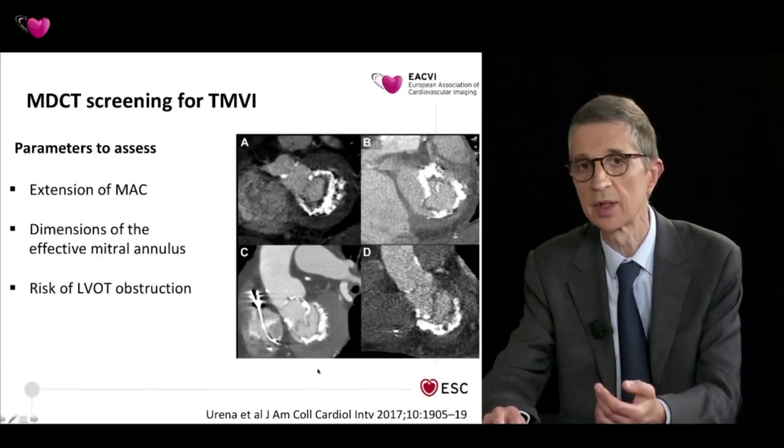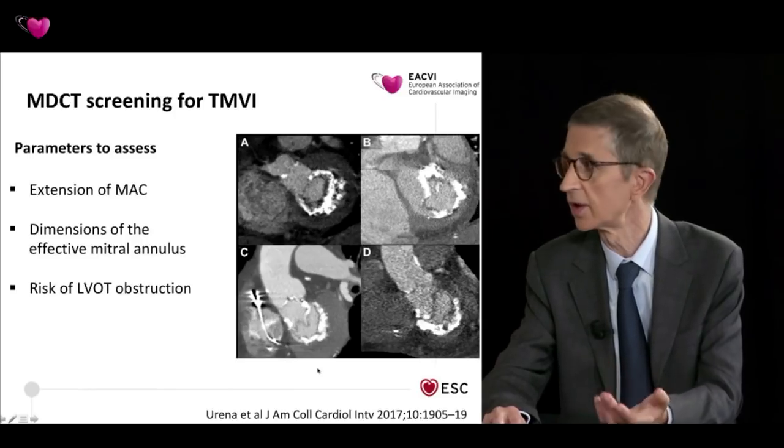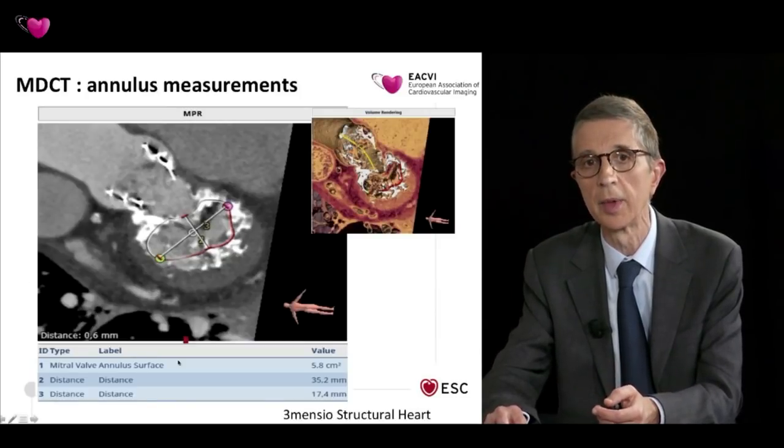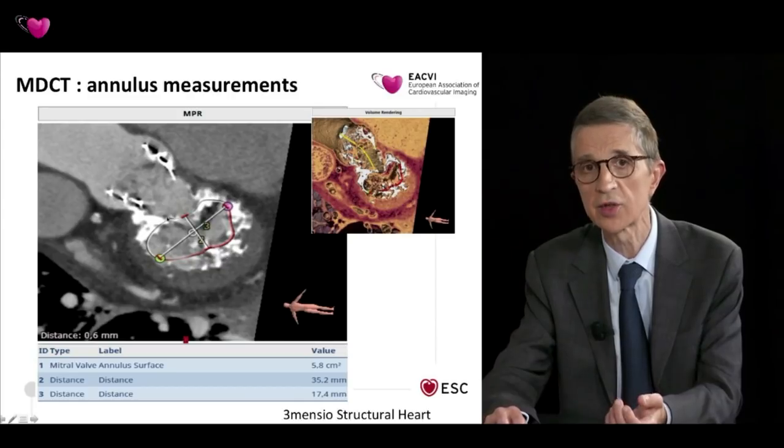In patients with radiotherapy calcification, there is less need for anterior calcification. But you have to accurately assess the dimension of the annulus, because sometimes the annulus is too large for this kind of valve. And there are now several software packages which allow a semi-automatic measurement of these values.